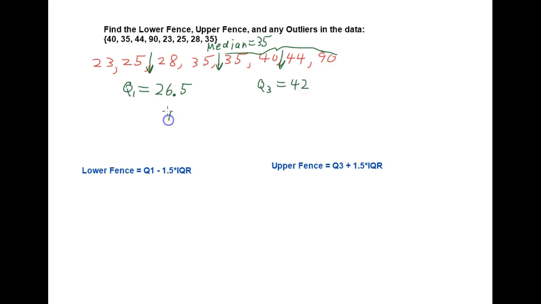Then our interquartile range, our IQR, will equal the third quartile minus the first quartile. So that will equal 42 minus 26.5. And that equals 15.5.